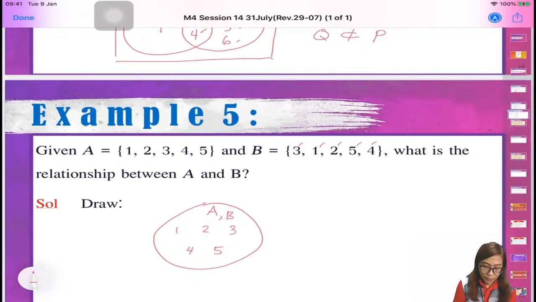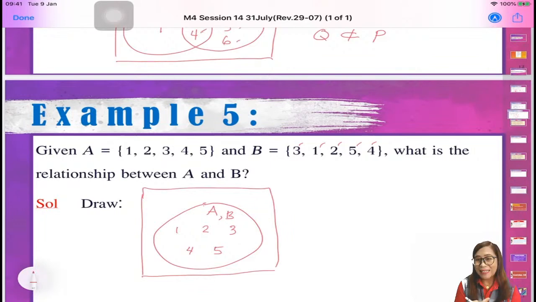So what will be the answer, students? Can you type your comment below if they have exactly the same elements? A and B have exactly the same elements. What is the relationship between these two sets? Okay, please comment your answer below.